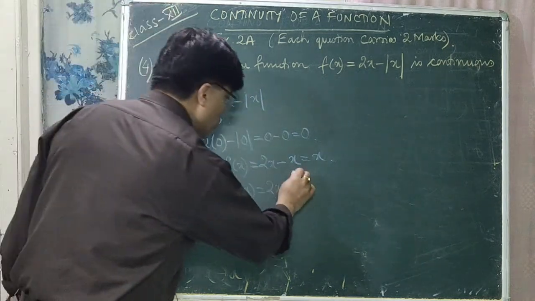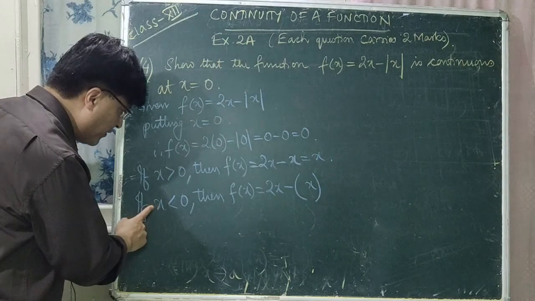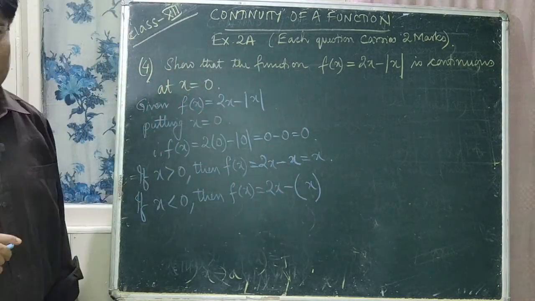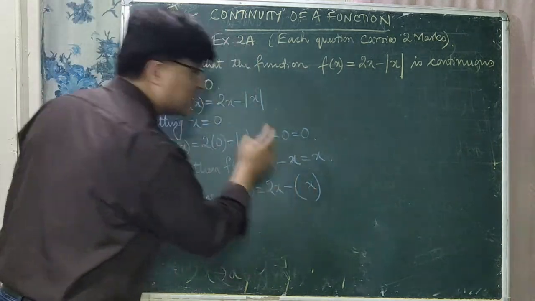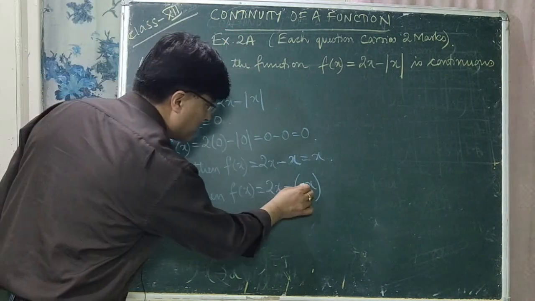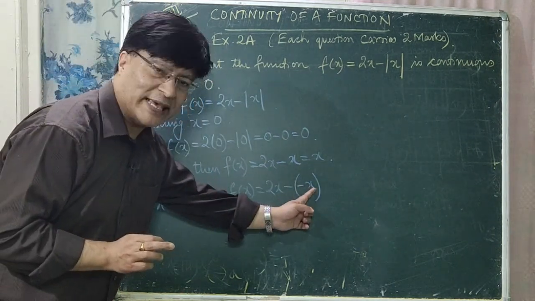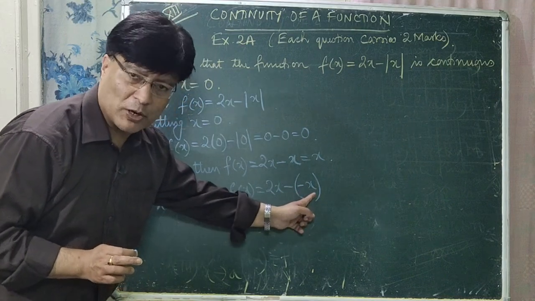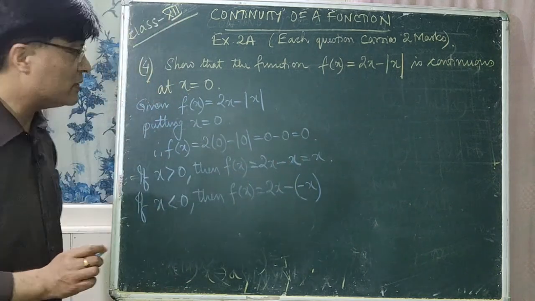And within the bracket, if you write only x, if x is less than 0, then x is already negative, but you have to make it positive. So how can you make this x positive? You have to write down minus out here. So if x is negative, because of this minus sign it becomes positive. It will be 2x minus within bracket minus x.